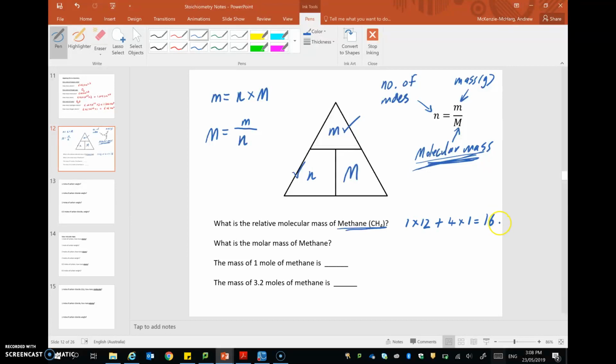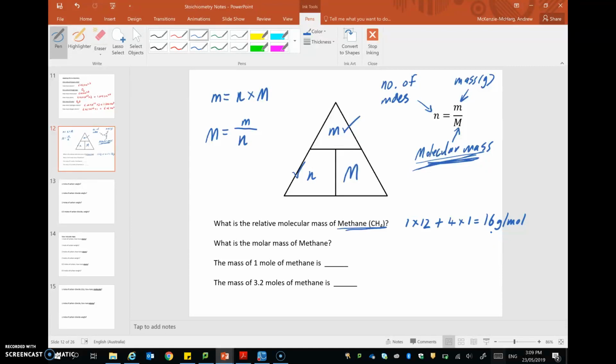Now, the units for this are 16 grams per mole. Okay, now that's an unusual or a new unit perhaps for you. So what that's telling us is that in each mole of methane, there are 16 grams.